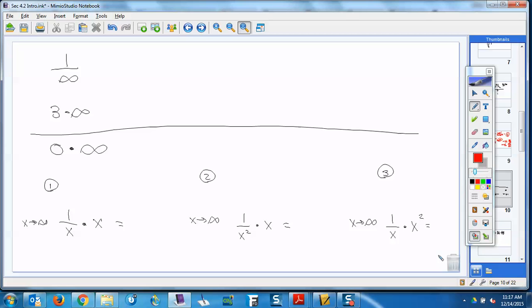Because it depends. There are different sizes of infinity. In other words, an x squared is bigger than an x. Think about that. X squared minus x. As x gets really big, what is x squared minus x heading towards?